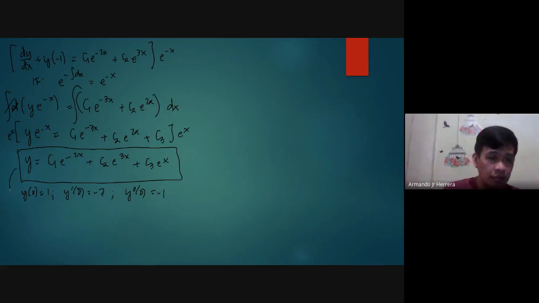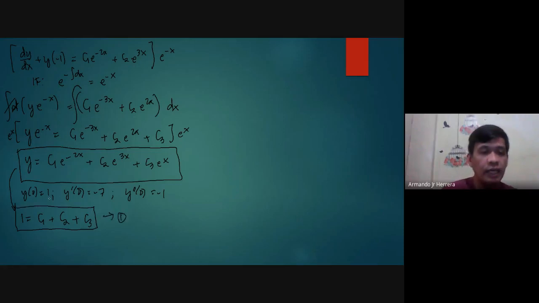Substituting, 1 equals C1 plus C2 plus C3, because e to the 0 is 1. So this will serve as my first equation, by substituting y of 0 is 1 in our general solution. So again, y is 1, x is 0. So C1 plus C2 plus C3 is equal to the value of y, which is 1.